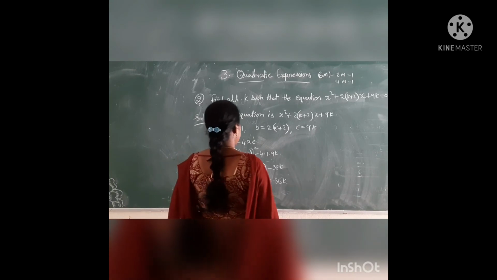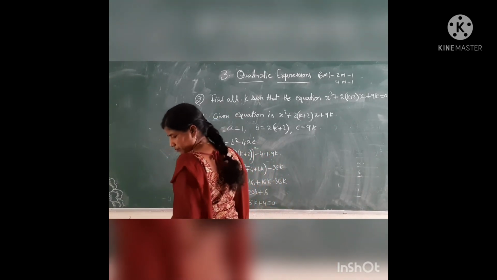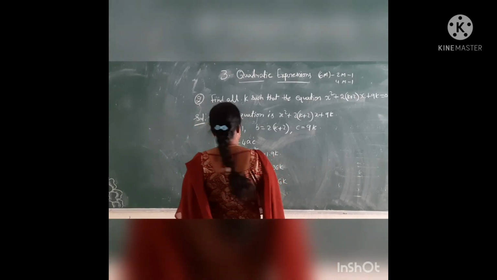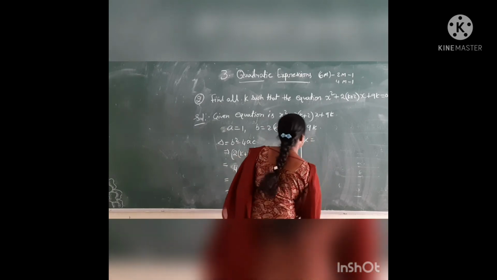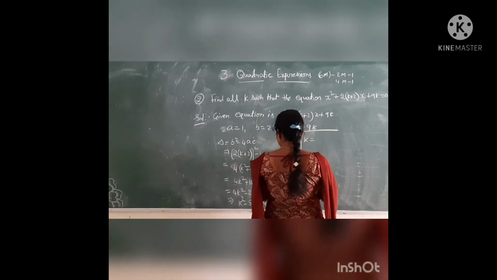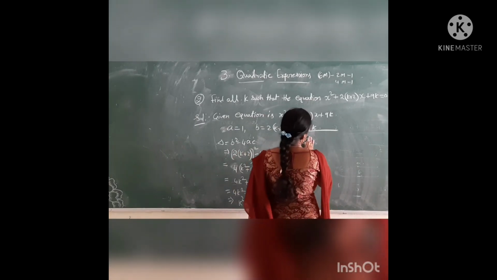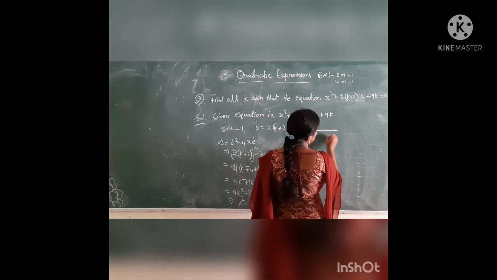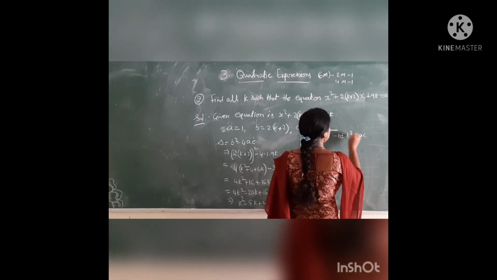Now we find out the roots. Okay, what is the roots formula? k is equal to minus b. Roots formula is minus b plus or minus root of b square minus 4ac by 2a.